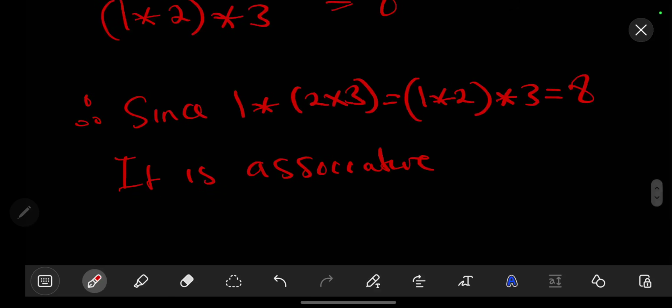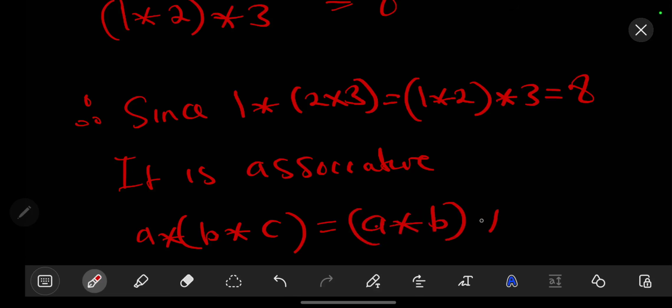As the test for associativity says that a star of our b star of our c should be equal to our a star of our b star of our c like that. So as long as these are giving you the same answer, then that is associative.